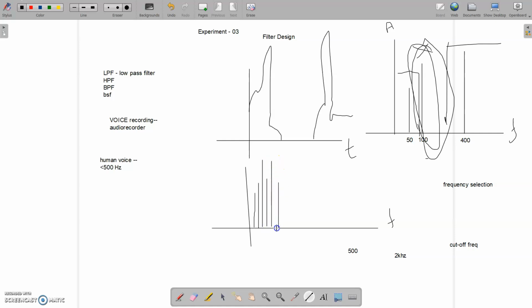This is the voice range, not 20 kilohertz, that is our hearing range, 20 to 20 kilohertz. I am talking about my voice range, the frequency of the words that I am saying. So I have all the voice normally less than say 500 hertz.